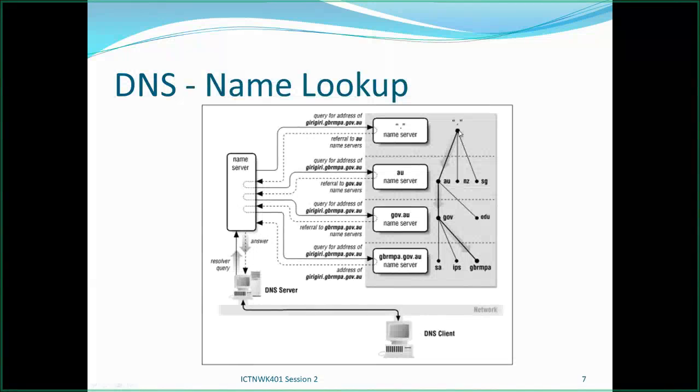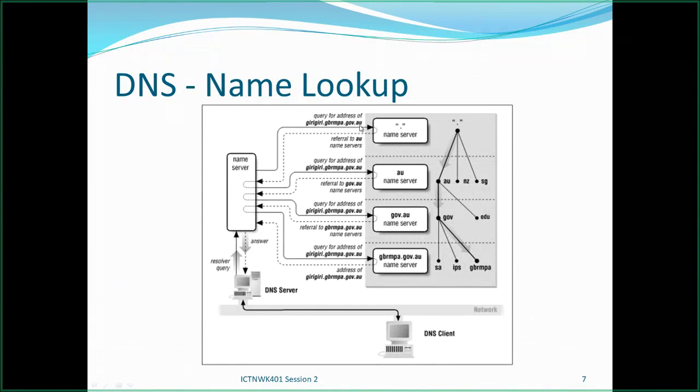And that name server will break up the address that is here into the branches. Now, it works from the last part of the URL. So in this example here, we have an AU as the last section.